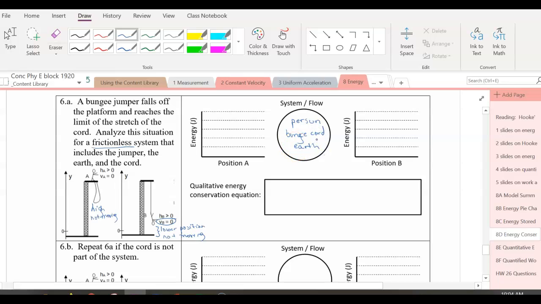Okay, so let's figure out how the energy is distributed at position A. So, I'm going to go ahead and put in my categories of gravitational energy, kinetic energy, elastic potential energy, and dissipated. I'm just kind of setting myself up to think through it.